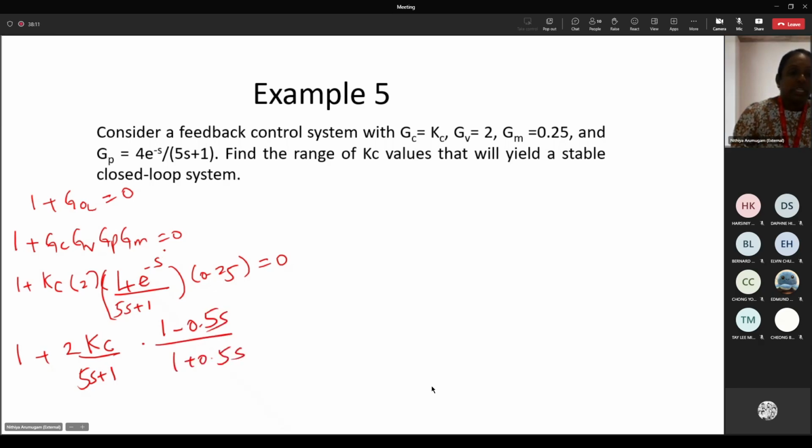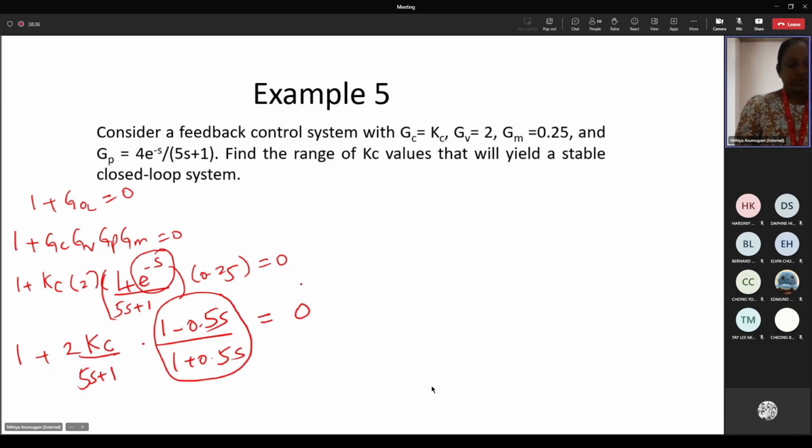Why? This term, if the expression is in terms of e to the power of negative s that we saw in the previous slide, can be expressed in terms of 1 minus theta s over 1 plus theta s, equals to 0.